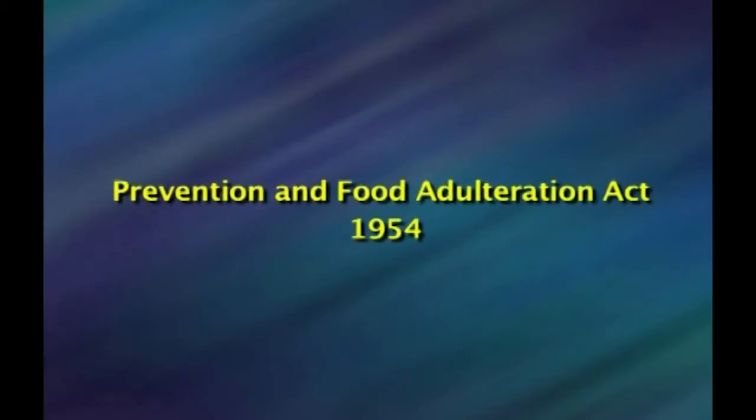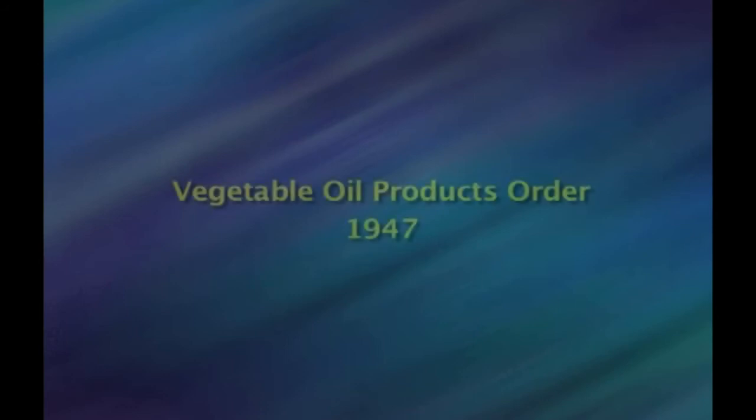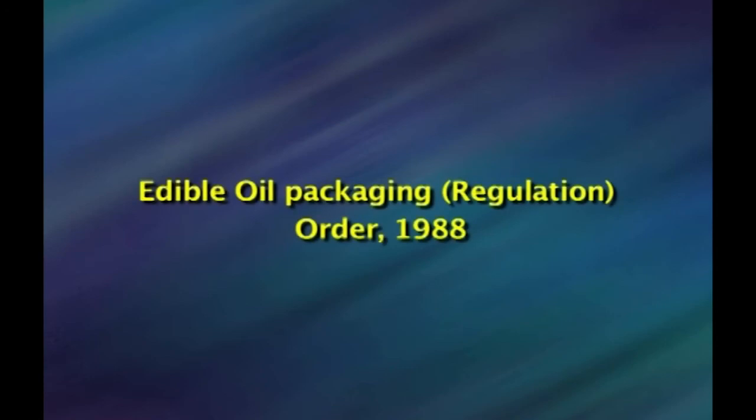Acts like the Prevention of Food Adulteration Act 1954, Meat Food Products Order 1973, Vegetable Oil Products Order 1947, and Edible Oil Packaging Regulation Order 1988. The Authority lays down science-based standards for articles of food and regulates their manufacture, storage, distribution, sale and import to ensure availability of safe and wholesome food for human consumption.